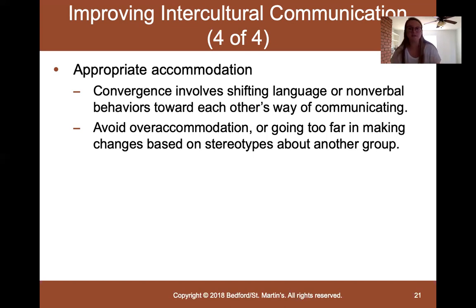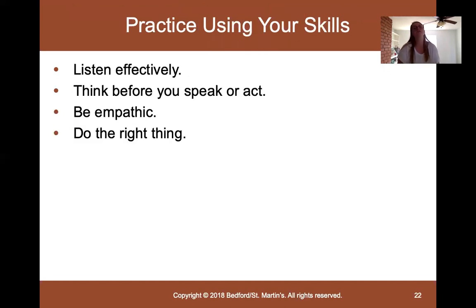And if they need you to speak up, then speak up. But we're not going to assume that the entire elderly community can't hear very well. So practice using your skills, listen effectively, think before you act or speak, be empathetic, do the right thing, and be open to experiencing other cultures fully and without judgment.